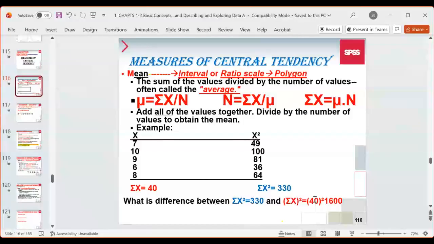Sum of X squared will be 330. So your quiz one consists of just very simple things: how to calculate the mean, calculate the X squared, and then median, mode, and all that. If you get a bunch of numbers, you add them up and divide by the total number. Okay?